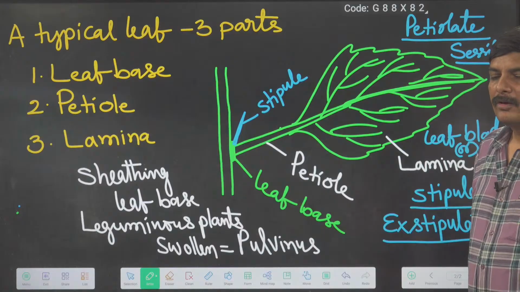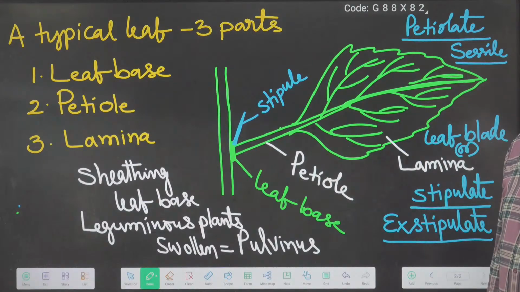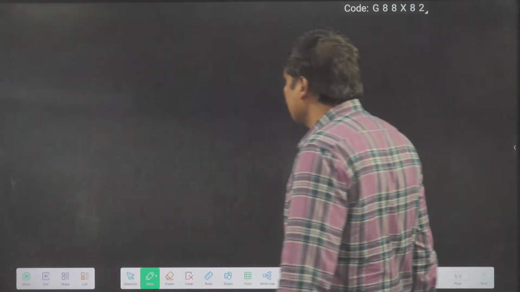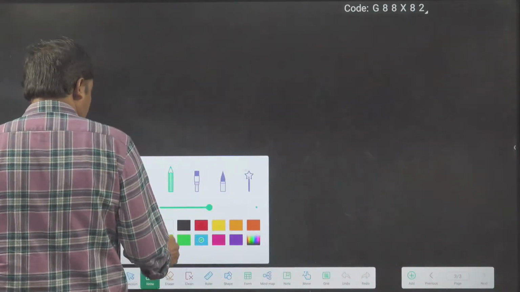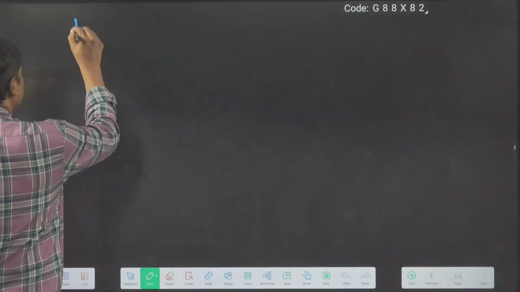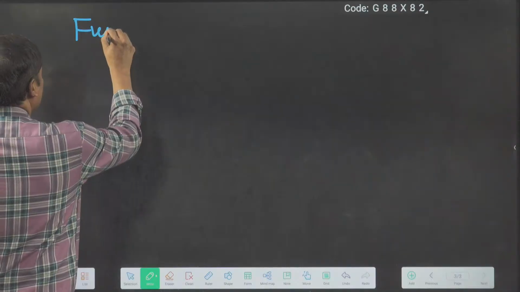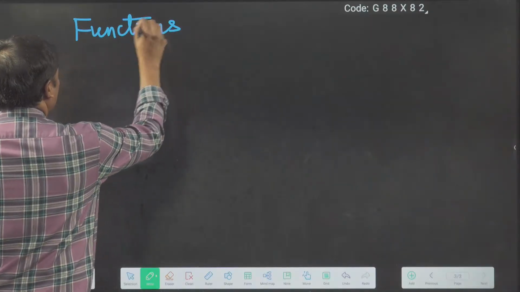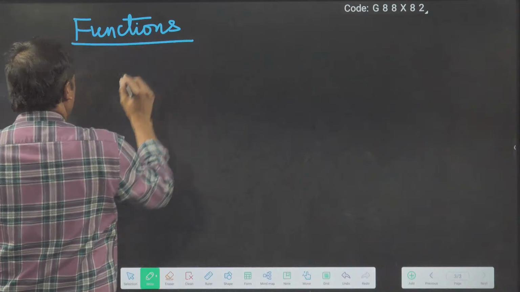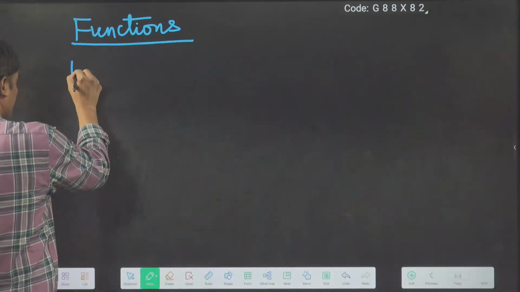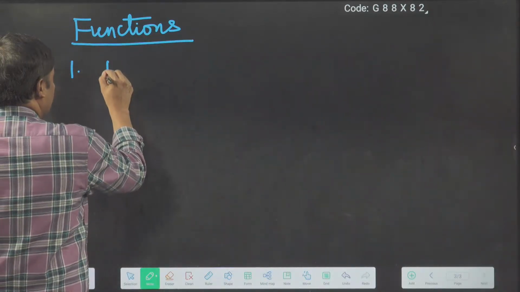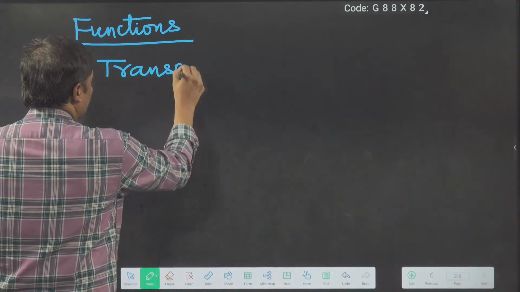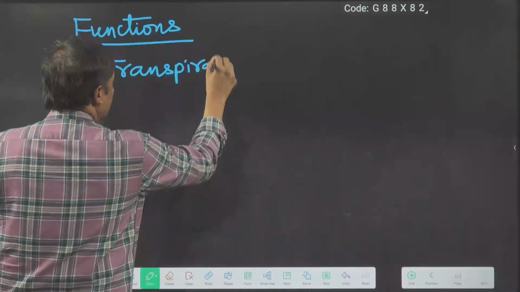Now we will see about the functions of the leaf. First one, transpiration. What is meant by transpiration?